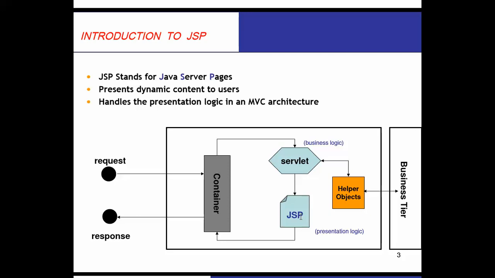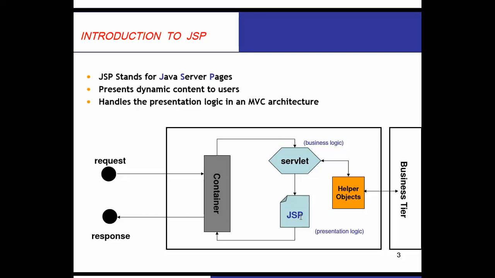Means you might have seen HTML, right? In the same way as HTML, this JSP also handles all the content, how the look and feel of the content should be. But the only difference between HTML and JSP is that JSPs will also have additional code, that is Java code, in it.